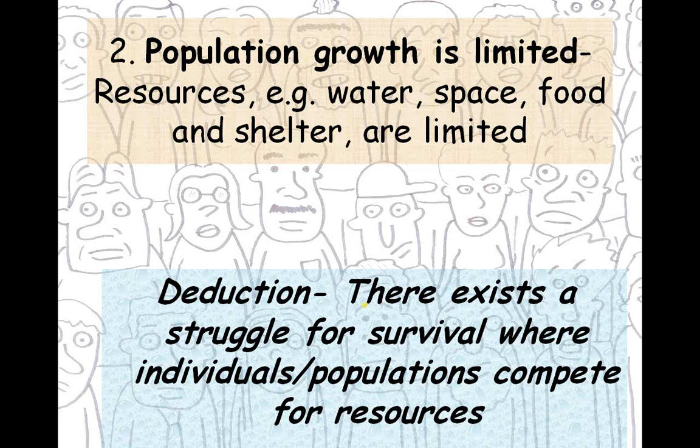And for them to be able to keep the populations at a constant level, what that would mean is that individuals that are out there are competing with each other for these resources. So there exists a struggle for survival where individuals and or populations are competing for these various resources. The ones that win are the ones that survive. The ones that lose don't reproduce.